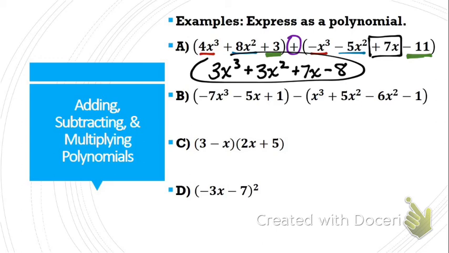What are we doing between the parentheses on B? Subtracting. So what do you have to remember to do? Distribute that negative to every single piece. So a lot of times I will rewrite what it is, and then I'll combine my like terms. I'll add them together.